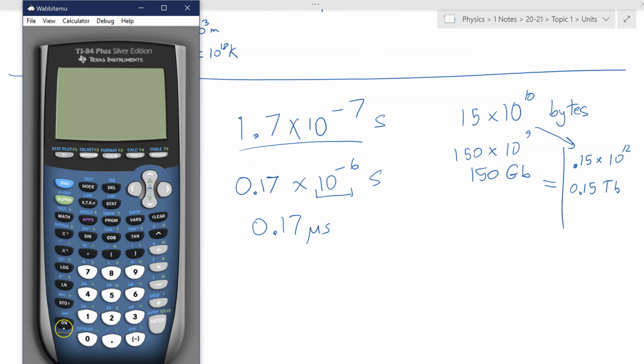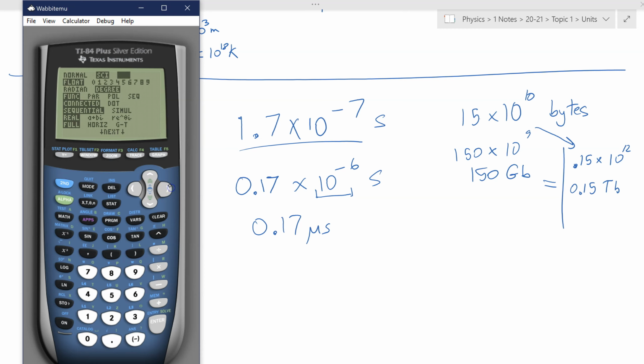I'll show you a neat feature on calculators. If you go to mode, and then right here it says normal, that's what I've been on. Sci means that it forces all answers to be in scientific notation. So 10 plus 2, normally your calculator would just display 12, but I put scientific notation mode, so it forces it to display the answer in scientific notation.